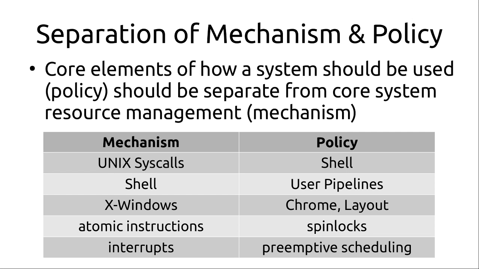This is one of the fundamental ways that we think about designing the layers or the modules and thinking about how different modules interact with each other. The whole idea here is that the core elements of how a system should be used, which we tend to think of as the policy, how we're actually using resources on the system, should be completely separate from the core system resource management or the mechanisms of the system.